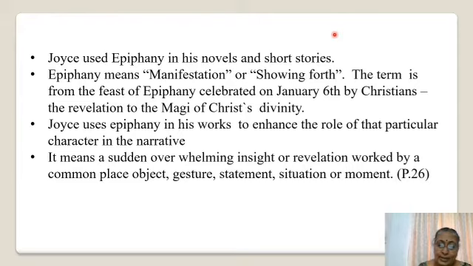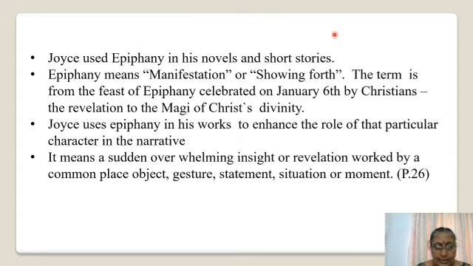But actually, it is an ordinary girl. But here, that enchantment is because of the manifestation, or how it appeared to his mind, and it is that process which Joyce calls epiphany. And he uses that to enhance the role of that particular character in the narrative.